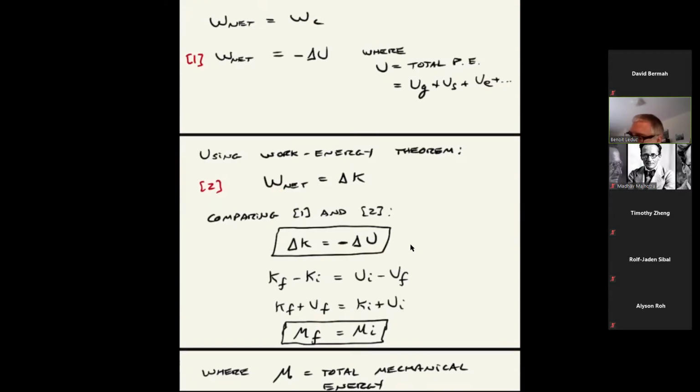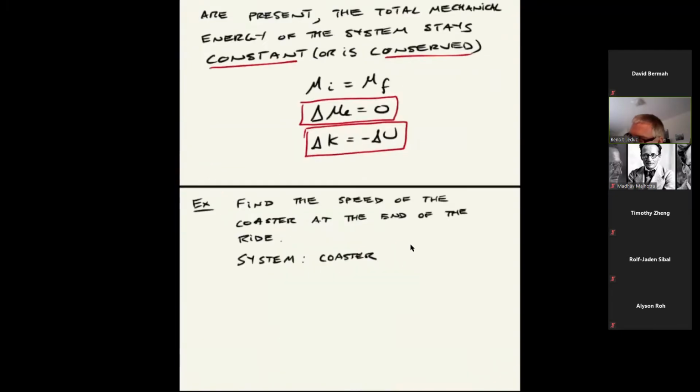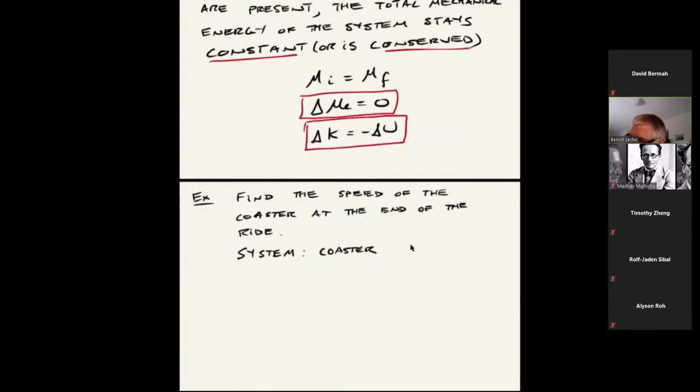So if you want to use the potential energy, then you absolutely have to include the Earth. So let's put the Earth here. Okay, and then we'll put the rail here. So the coaster is on rails. So this is your system here.